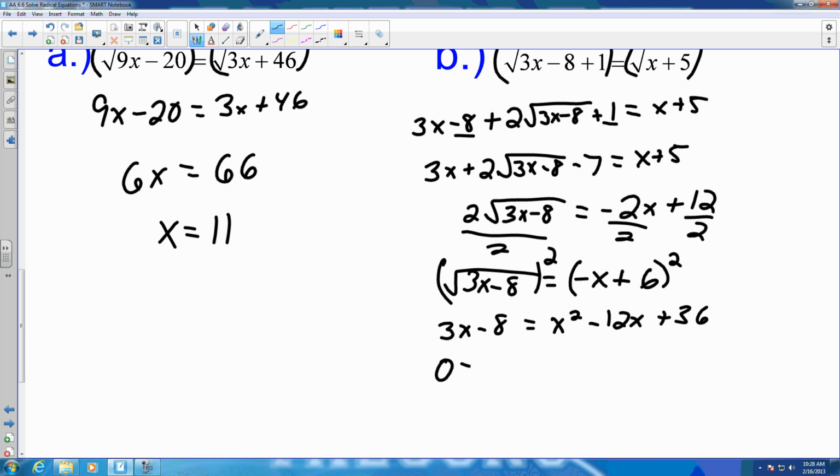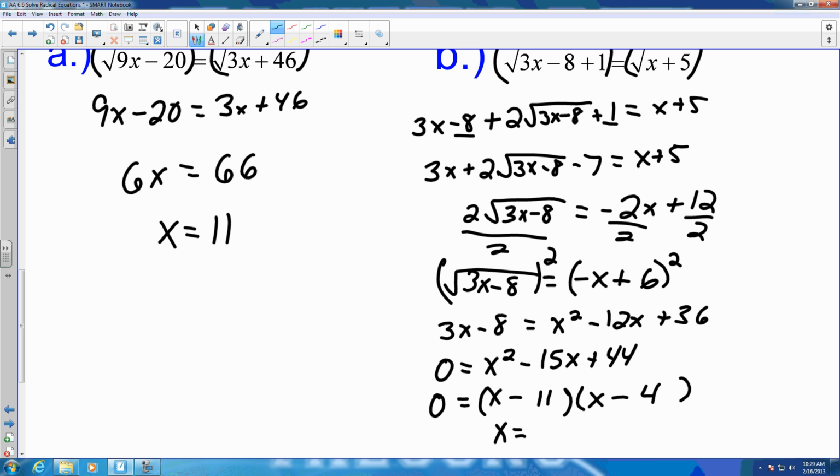So now I've got 0 equals x squared minus 15x plus 44. So I'm going to reverse FOIL here. I've got x and x, and plus 44 means they're both going to be the same sign. My minus here means they're both going to be negative. So this is going to be 11 and this is going to be 4. Using the zero product property, x will be 11 and x will be 4.